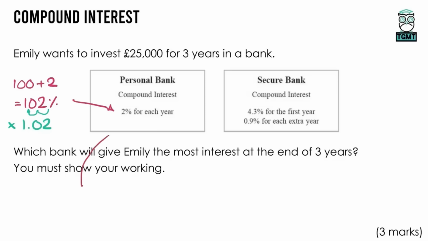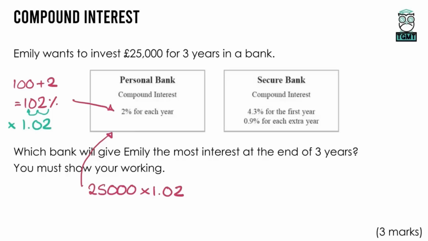So in this question here, for personal bank, we start with £25,000. We have to multiply by 1.02. And that will do 1 year. From there, you could write it down and then multiply by 1.02 again to find year 2, write it down, and multiply by 1.02 again, and write it down, and you'll have your 3rd year.